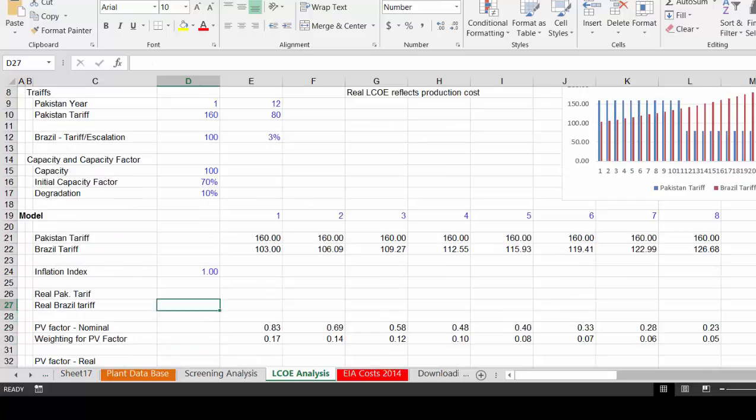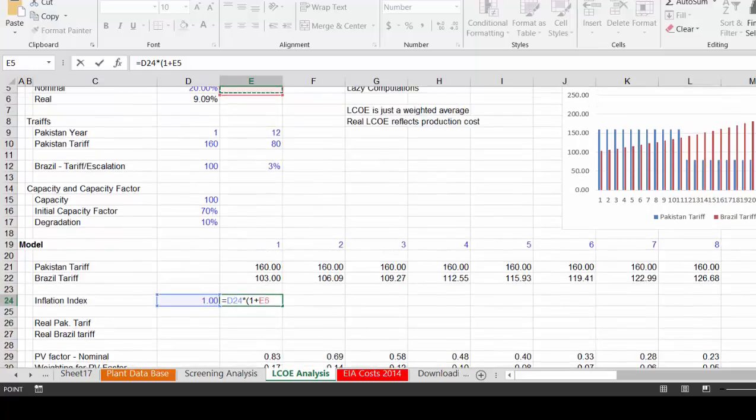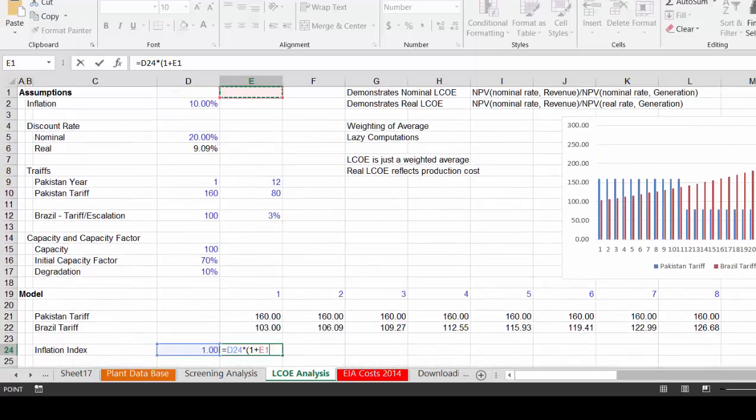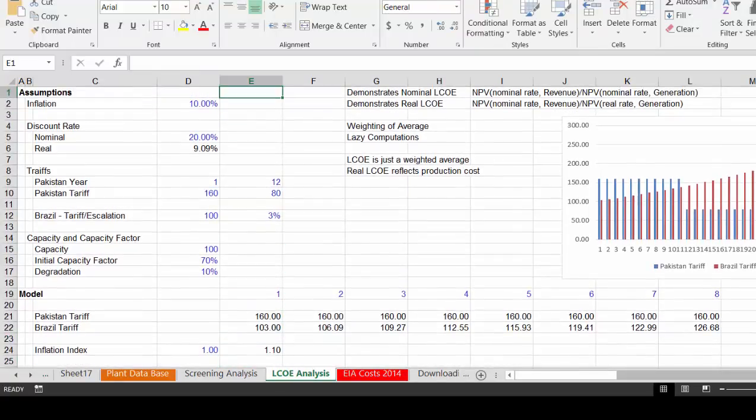So the real rate is, let's put our inflation index here, and multiply that by 1 plus the 3% inflation rate. That's not necessarily the same as the index rate, actually. I'm going to put 3% inflation here first. We'll make it more radical later.